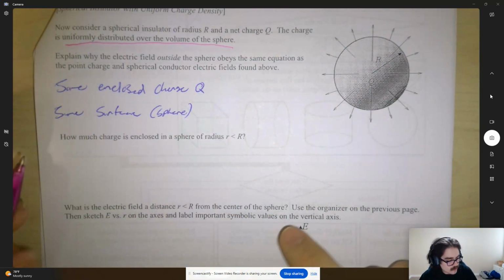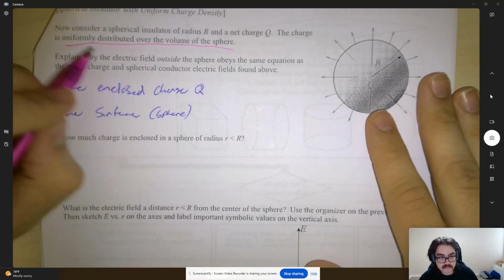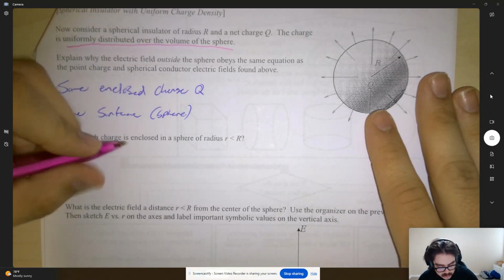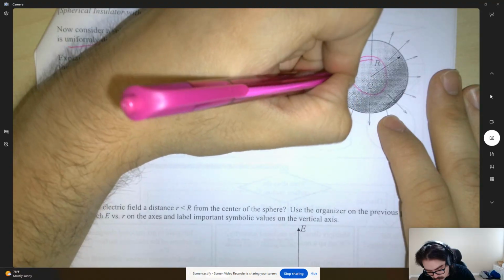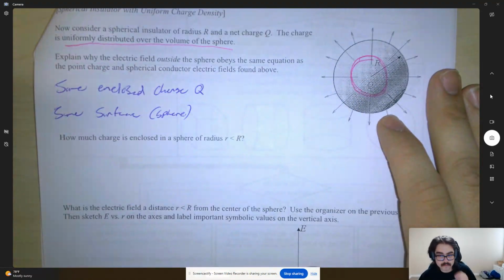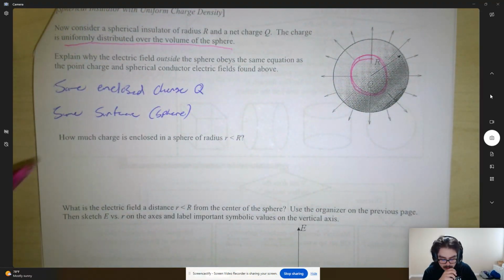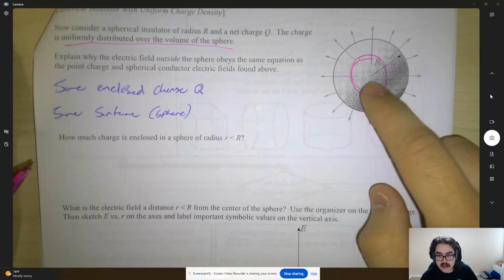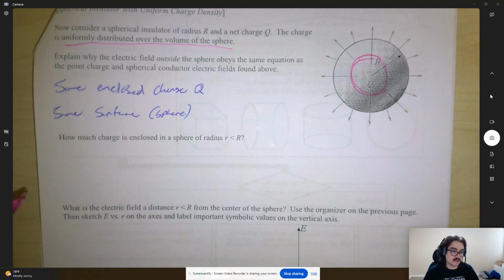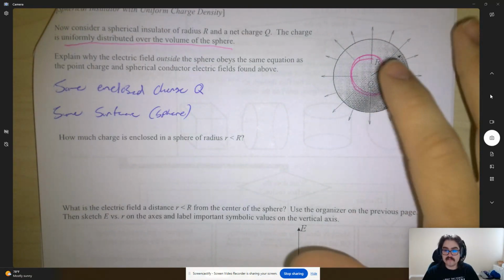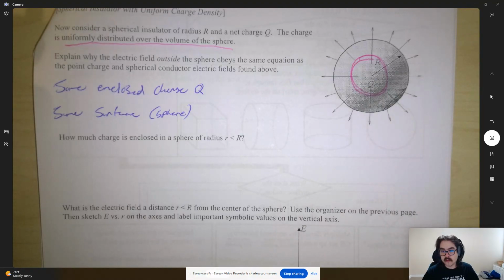But if it's uniform, then I can set up a ratio. If I were to take out a little chunk of the sphere, just a little part in the center of it, then I can relate the portion of charge that I've taken out to the total charge by also comparing the volume that I've taken out to the total volume of the sphere.